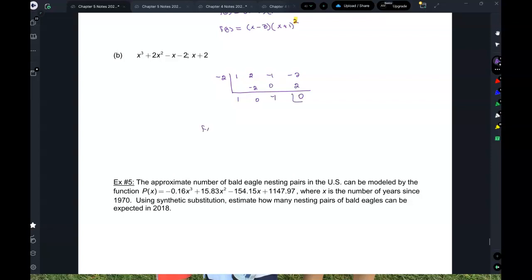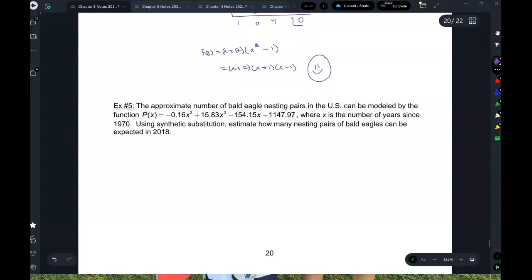So what's f of x? It's x plus 2 times what? X squared minus 1. Okay? And if I factor that further, x plus 2, x plus 1, x minus 1, yes. Okay?